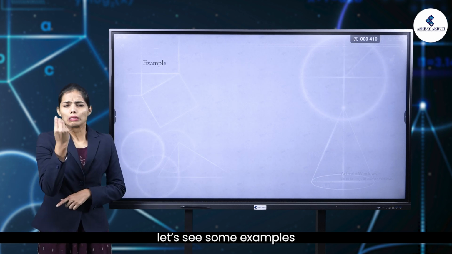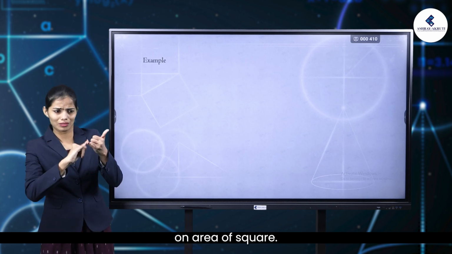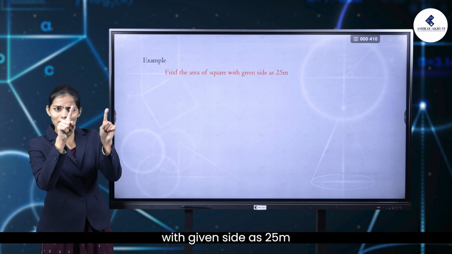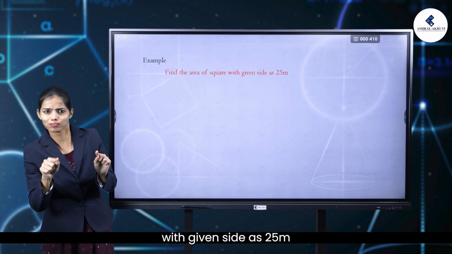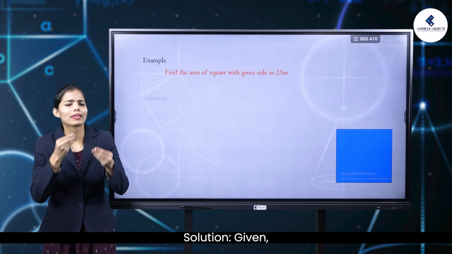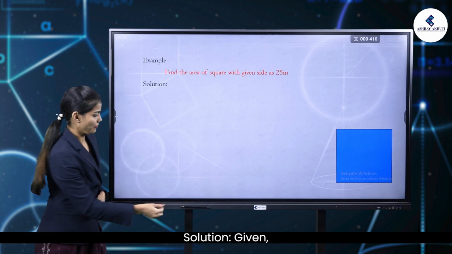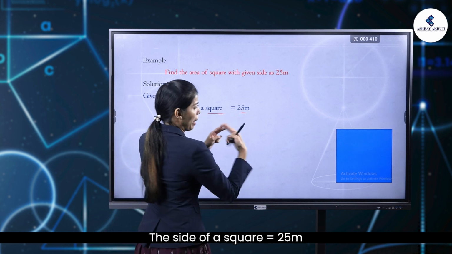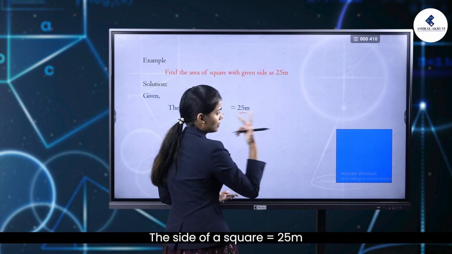Let's see some examples on area of square. Find the area of square with given sides as 25 meter. Solution: given the side of a square is equal to 25 meter.